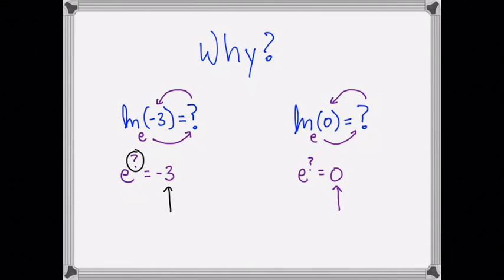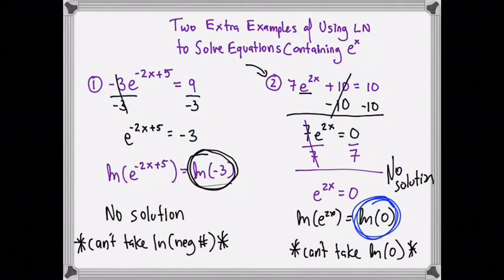And so we end up with no solution, or there's nothing that we can do in this case. It doesn't fit the definition over real numbers, and therefore we have to just back away from it and say we can't do that algebraically, and therefore we stop the problem when we get to these points right here, because there is no way to proceed.